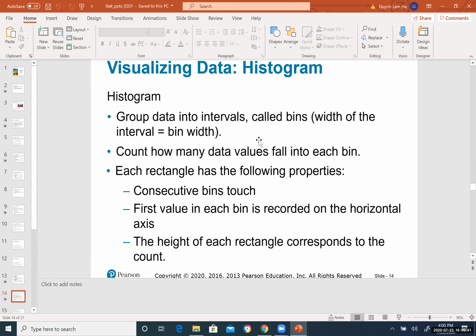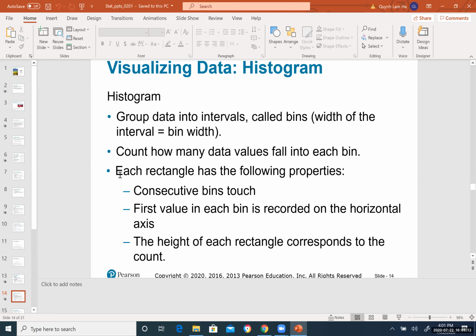And for a histogram, count how many data values fall into each bin. Okay, yes, for each interval you will count. If the observed data falls into that interval, then you count the observed data and put them into that bin.